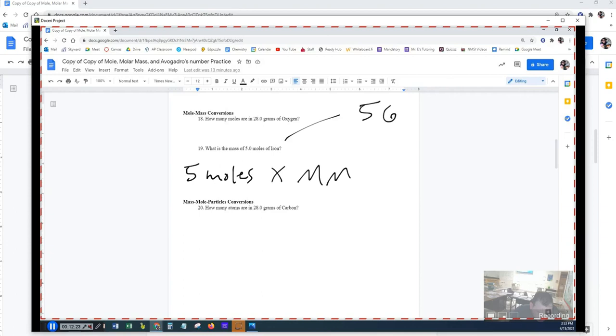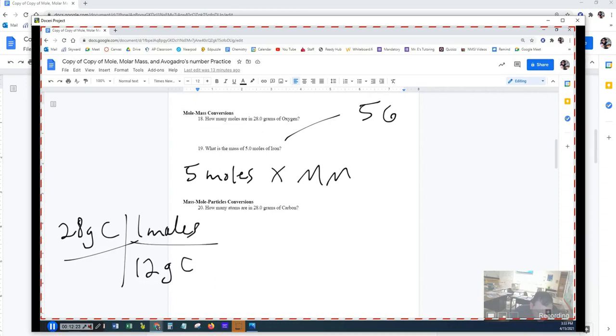All right. How many atoms are in 28 grams of carbon? I'm going to write 28 grams of carbon. I'm going to divide by the atomic mass of carbon. That'll give me moles. So in this question, we're going from grams of carbon. We're going to convert to moles of carbon. We're going to divide by the molar mass.